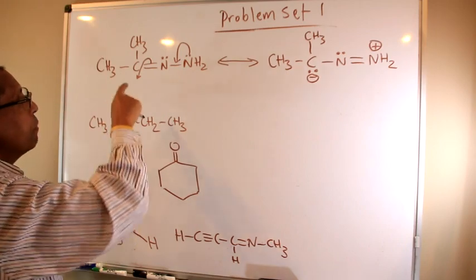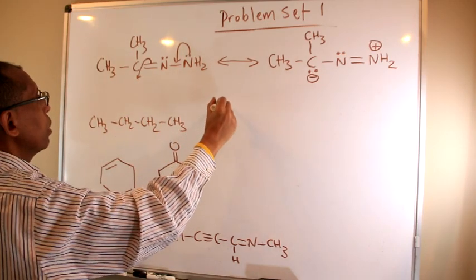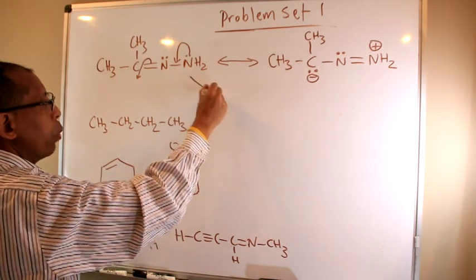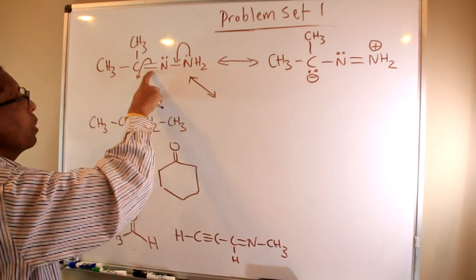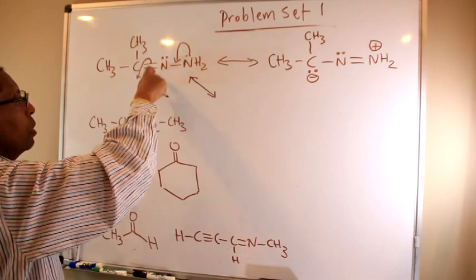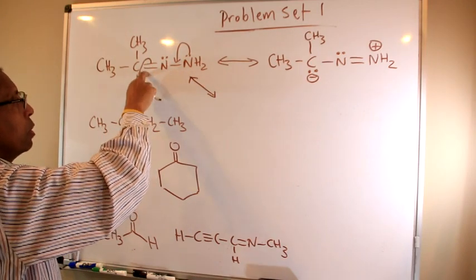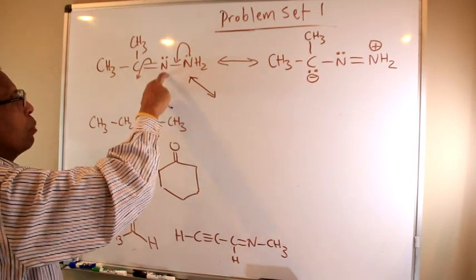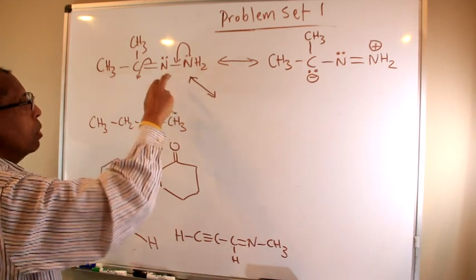But if you have to write another resonance where you are just moving the pair of electrons on nitrogen, instead of having the double bond here, you put them as a lone pair on nitrogen.